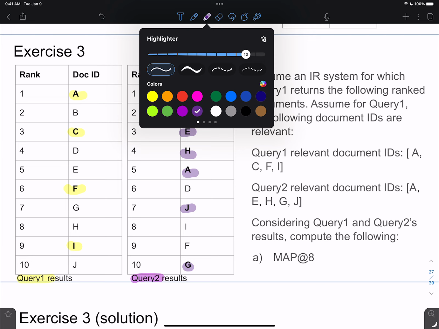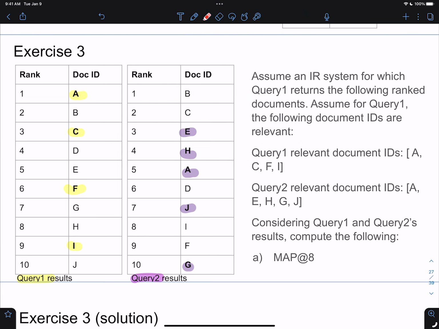Okay. Now, considering query 1 and query 2's results, compute the following: the mean average precision at 8. Okay. So just pause this video and try to figure it out before looking at the solutions.